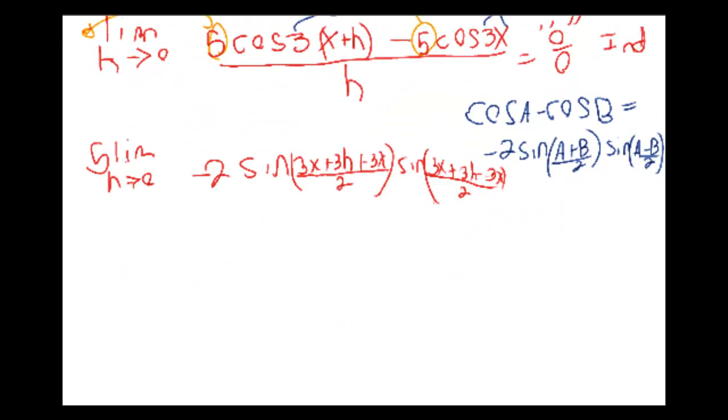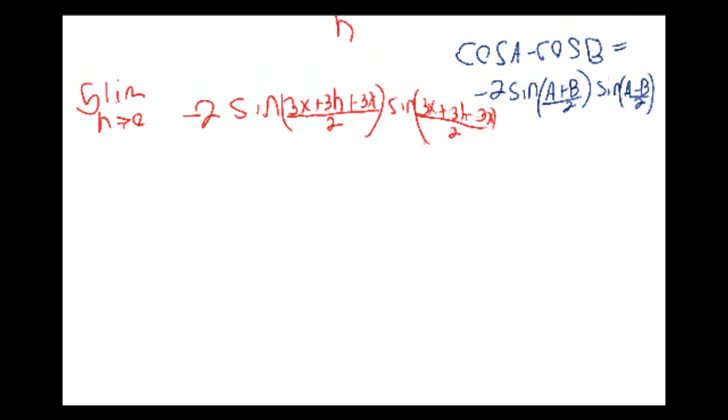What can we do? I'm going to simplify what's in here first. Hopefully you can see that I have a 3x that's negative right there and a 3x that's positive that are going to cancel.